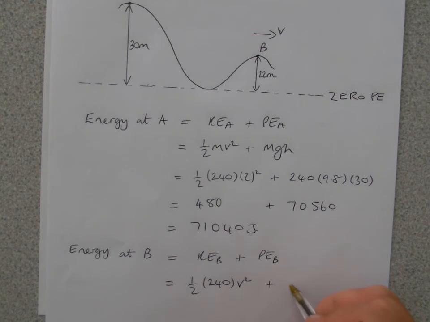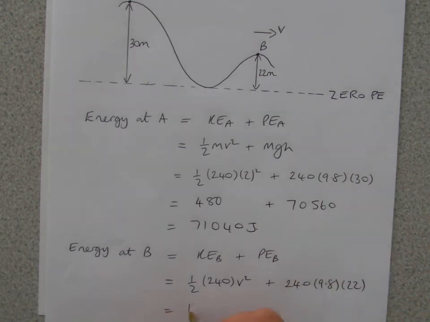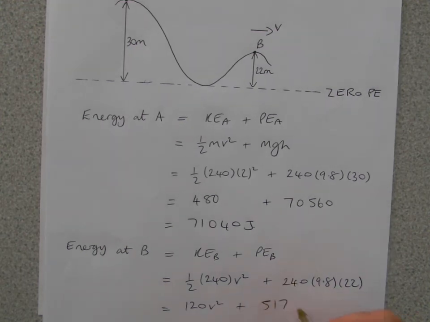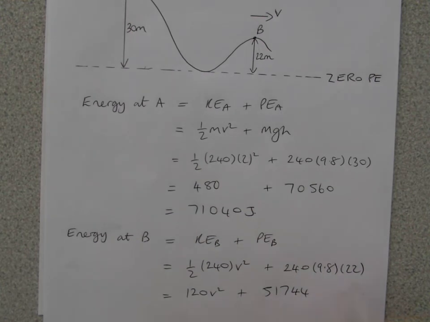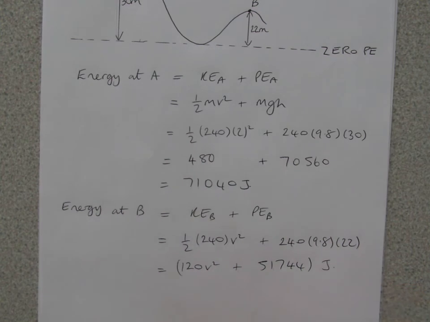Potential energy at B will be the mass, 240, gravity 9.8, and the height 22. So the kinetic energy turns out to be 120 V squared, and on my calculator the potential energy is 51,744. That's the energy at B, all of it in joules.